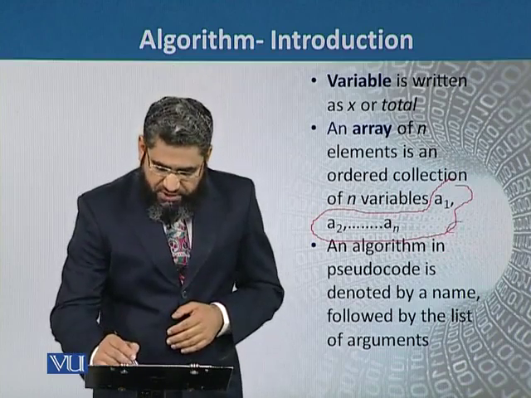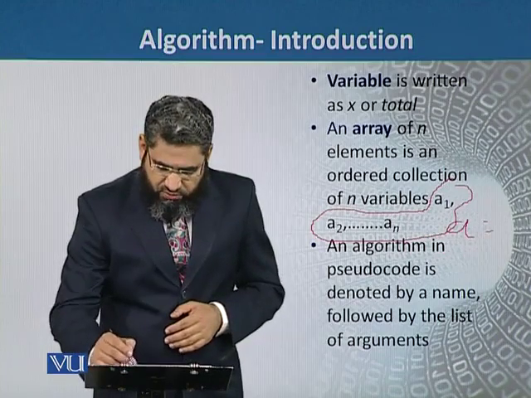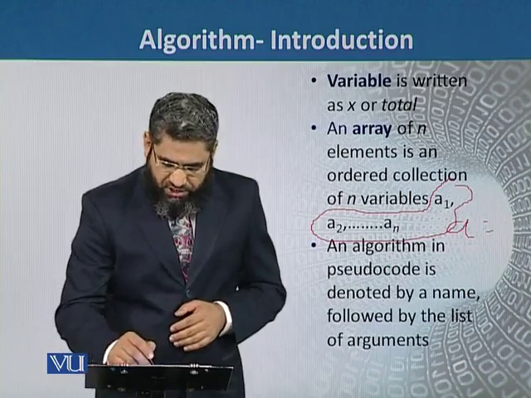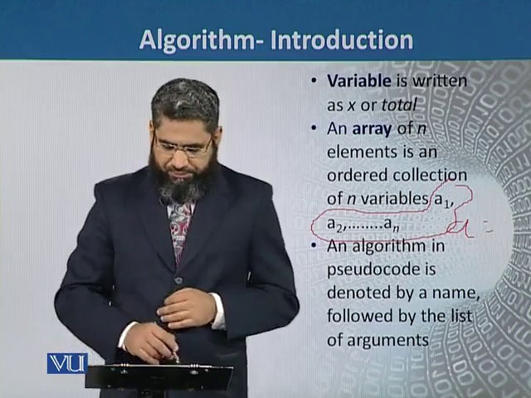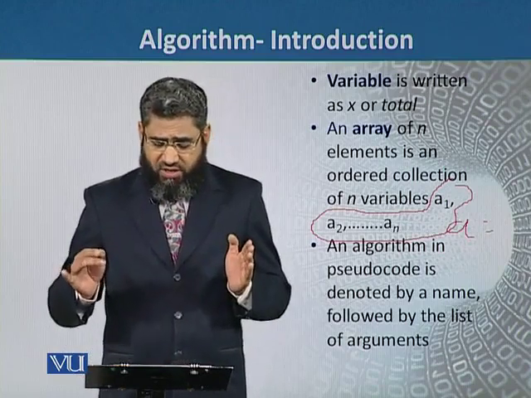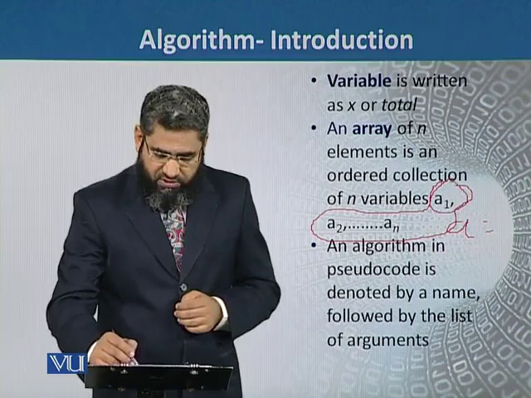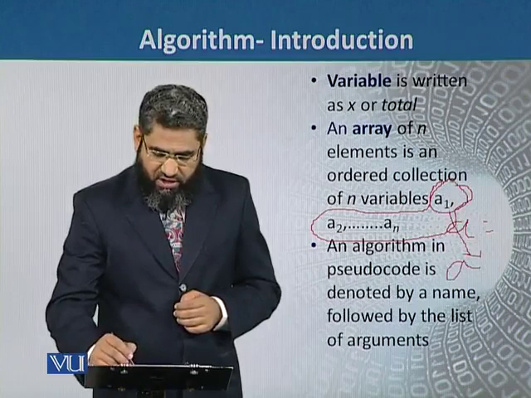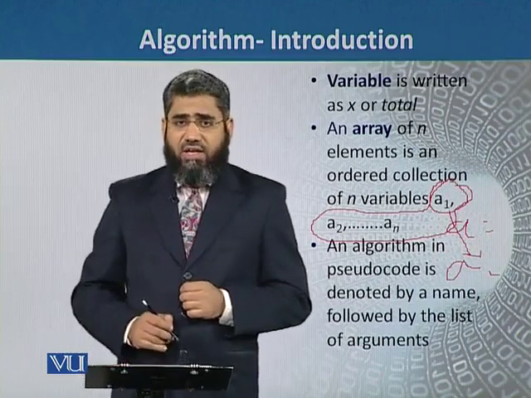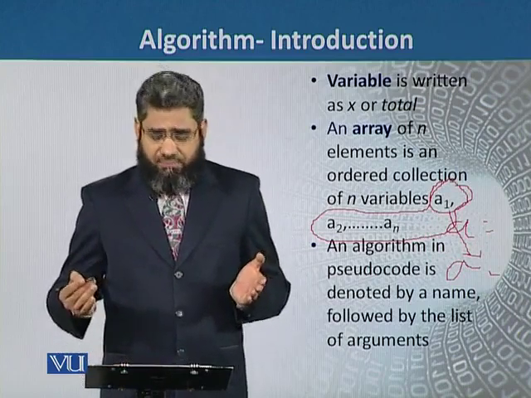Generally we represent it as A = (A1, A2, ..., An). And if we look at a specific element out of this array, for example A1, then we represent it as Ai, where i is any number from 1 to n.